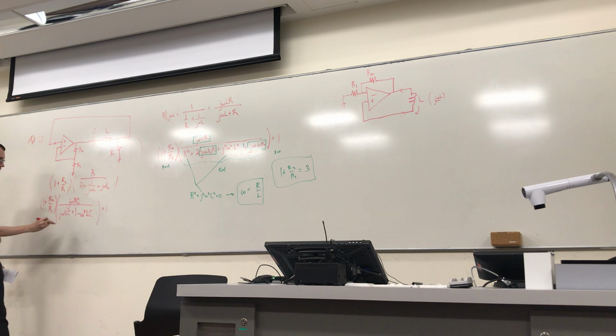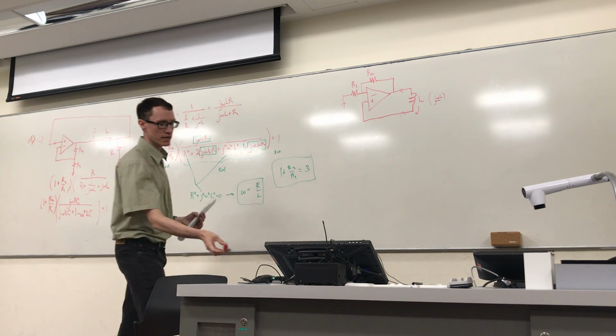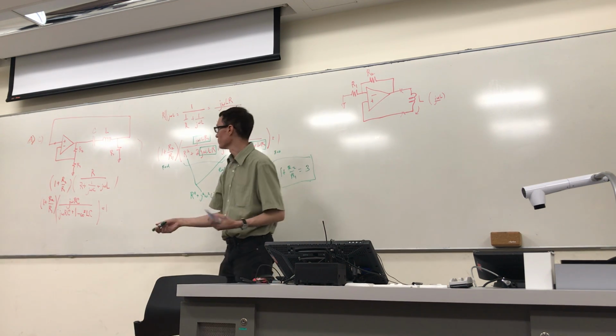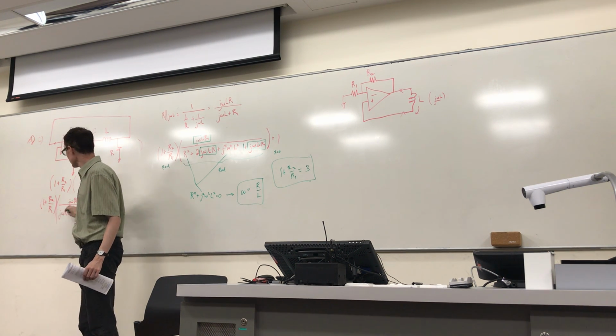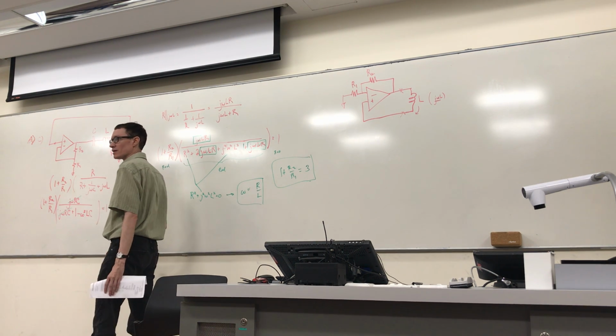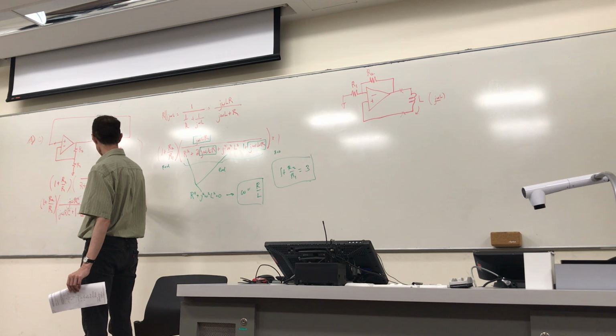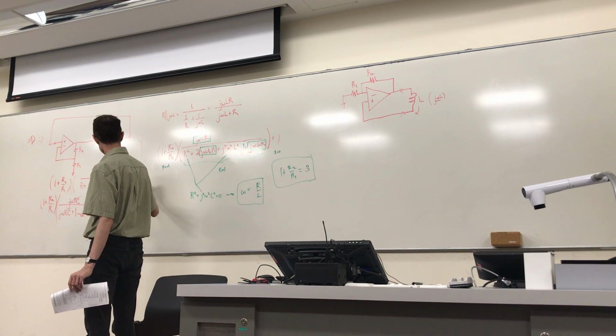And this one's even easier to work than A because we can already see what's going to happen. This is real, the imaginary part has to cancel. The only way for that cancellation to happen is if that is 0, right?